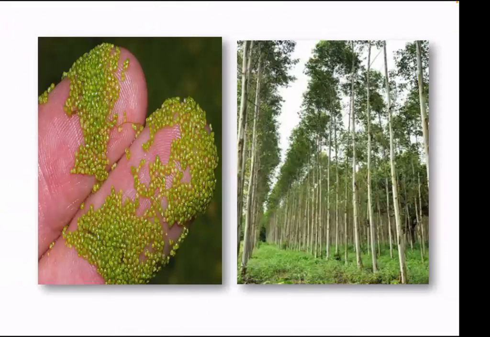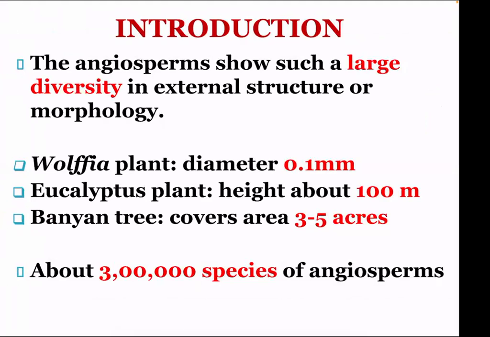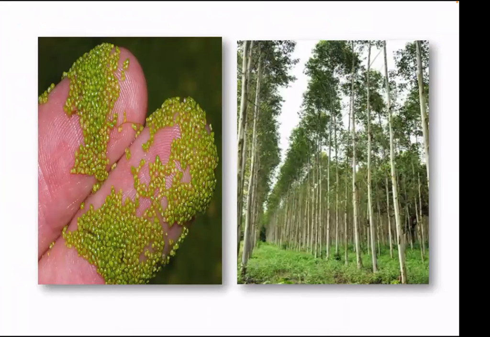Fine. So if you see in the snaps shown on the screen, the first one is the Wolffia, which is a 0.1 mm plant. You can see on the finger, if you see the dots, each dot is a single plant. It is Wolffia.